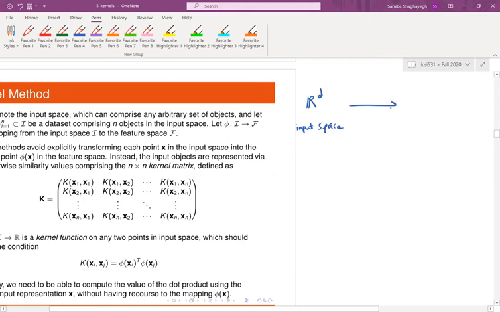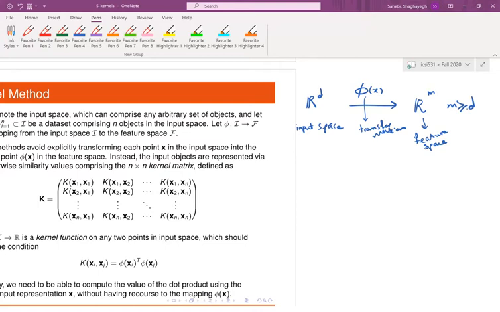We apply a transformation, usually nonlinear transformation, on the input space, and we get to a new m-dimensional feature space that usually m is larger than d, sometimes equal to d, but usually larger. And then we can use linear tools to make sense of this data that we have.